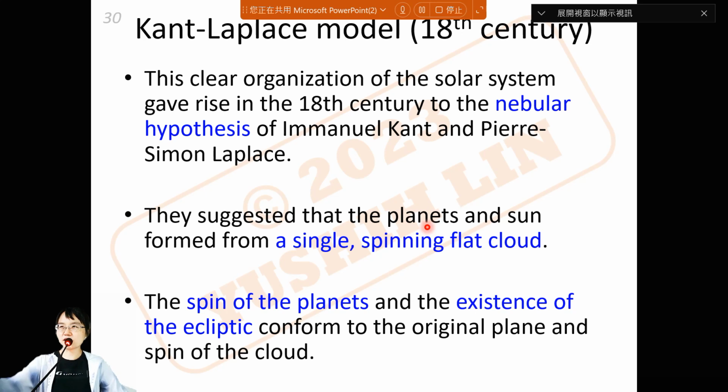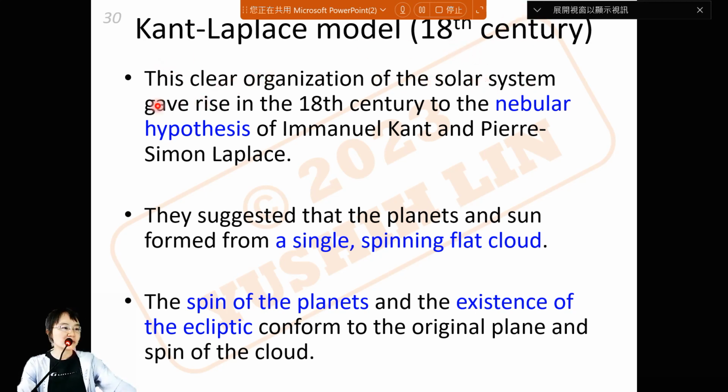What you learn from your school education is the Kant-Laplace model. It was proposed in the 18th century. This clear organization of the solar system gave rise to the nebula hypothesis by these two scientists. They suggested that the planets and the sun were formed from a single spinning flat cloud, which means they are from the same nebula.